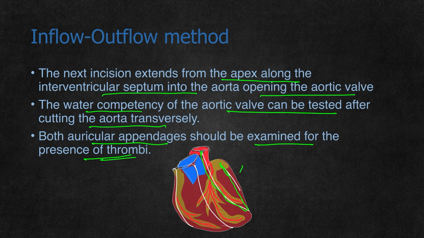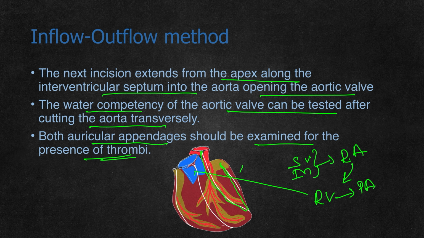So to summarize, from the superior vena cava and inferior vena cava, the first incision is taken into the right atrium. From the right atrium to the right ventricle, and from the right ventricle through to the pulmonary arteries.